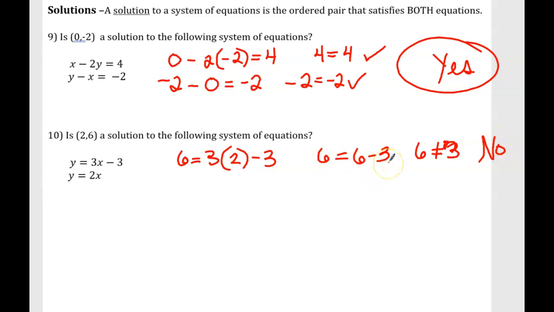All right, and we don't need to go on. As soon as you get a no, you know it's going to be no, but we can try it anyway. And it doesn't matter even if the second one worked, it has to be true for both. So in this case, 6 is equal to 2 times 2, and 6 does not equal 4. Okay, so we have a no and a no. Either way, it's going to be a no.